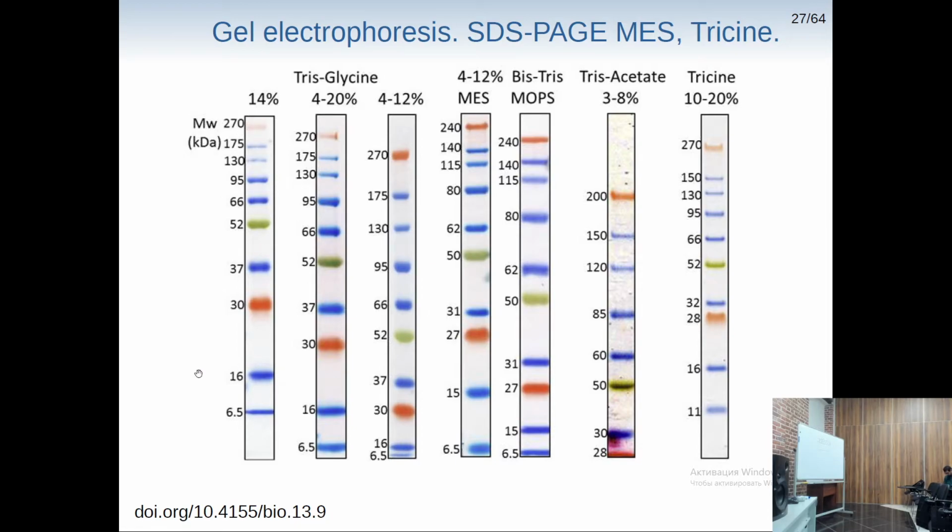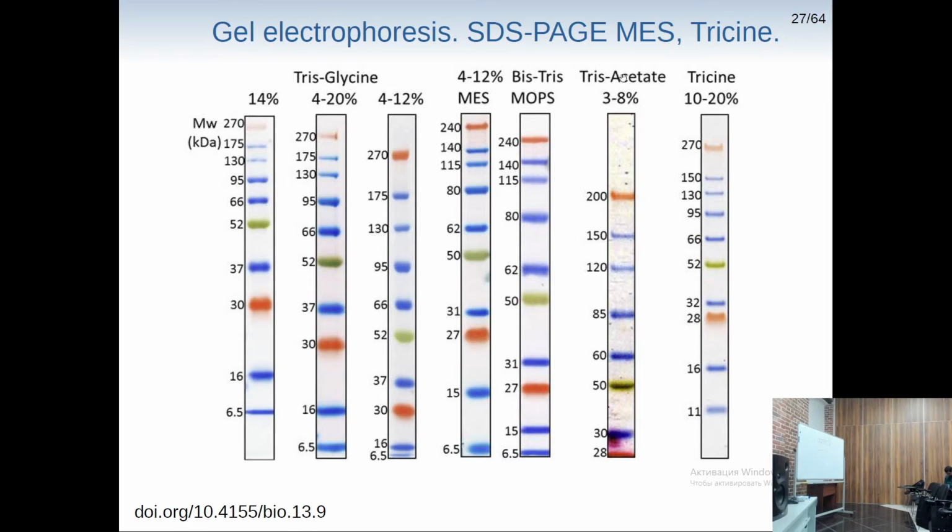Some proteins are internally colored just because of primary and secondary structure, in this case primary structure, and we can see them during the electrophoresis on those pre-stained ladders. And the first three are Tris-glycine with different percentages of acrylamide and gradient gels. The other is this Bis-Tris system with MES and MOPS, and the other is tricine and Tris-acetate systems.